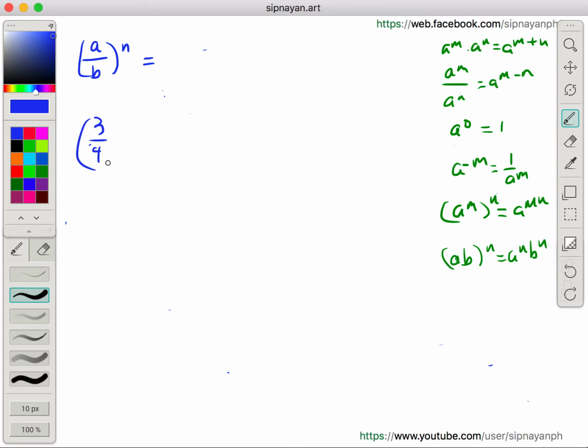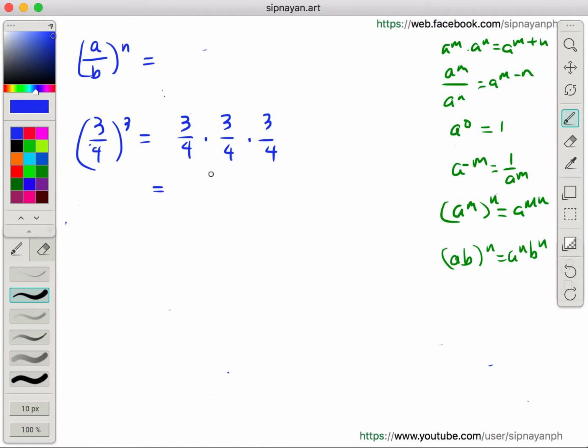3/4 cubed. Paano ba natin kino-compute yan? Ano ba ibig sabihin ng 3/4 cubed? So this is equal to 3/4 times 3/4 times 3/4. Ilan yung nakikita yung factors? Dapat tatlo, kasi tatlong beses siya dapat.